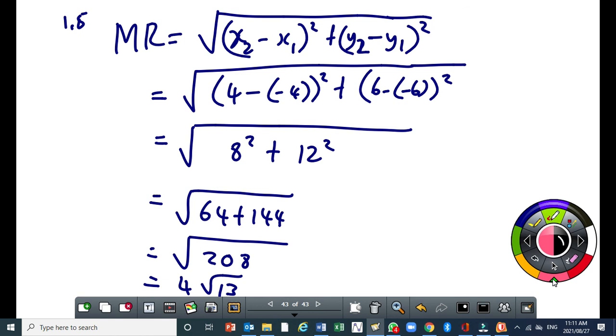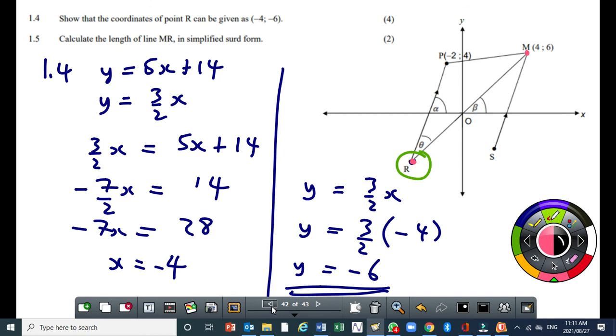So this step here will have a mark: correct substitution into the correct formula. Sometimes there is no mark allocated for the formula, but if a mark is allocated for both the formula and the correct substitution, like in this case, that is 2 marks.